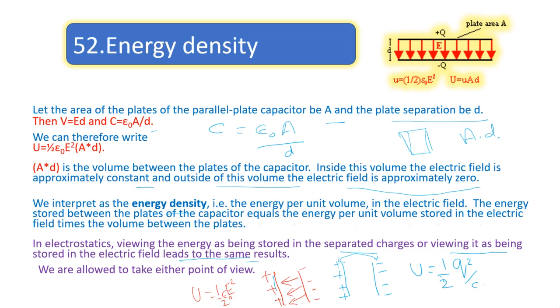In electrostatics they give the same answer, but in electrodynamics, or whenever fields are varying, it is better to think that energy is stored in the field. Therefore, we will have this concept consolidated, that energy is stored in the field itself.